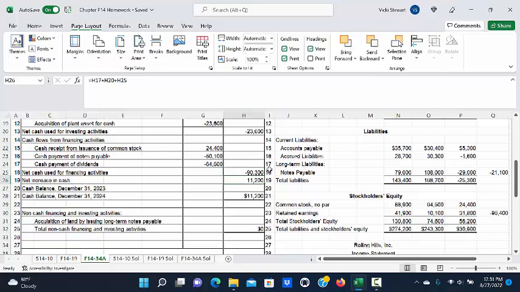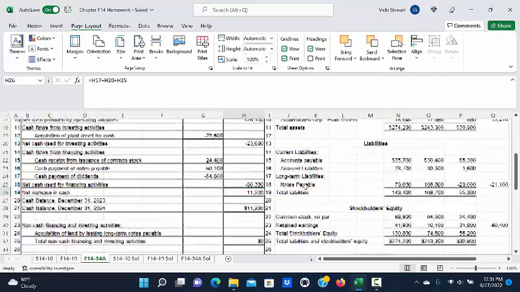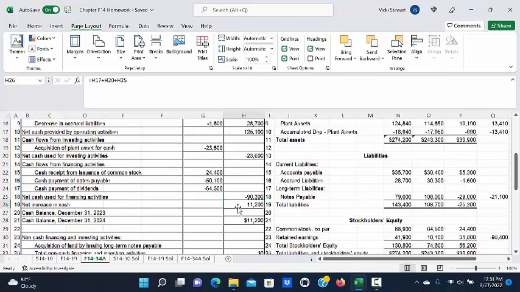Now we need to determine our net increase in cash, which the spreadsheet did automatically. But how did we get that $11,200? We took the net cash provided by operating activities, which was positive $125,100.